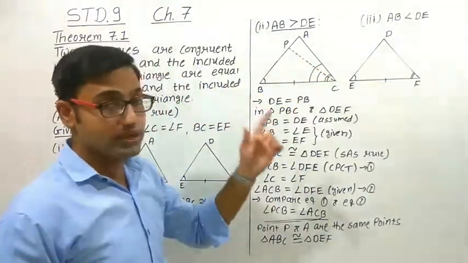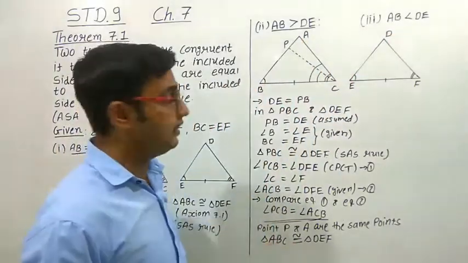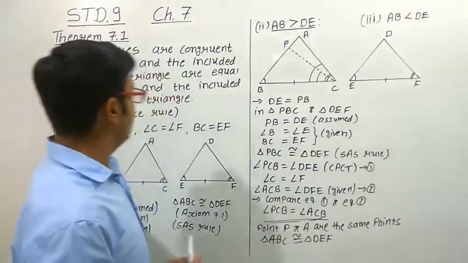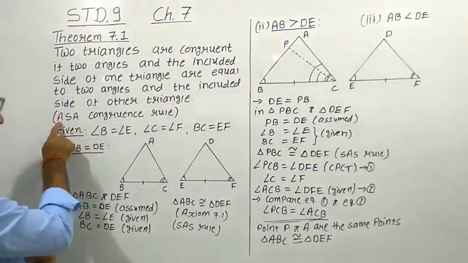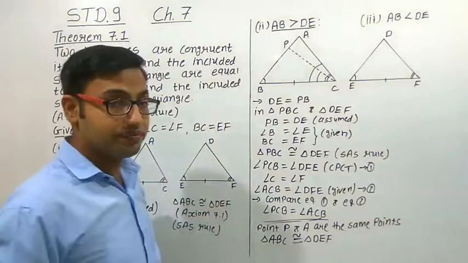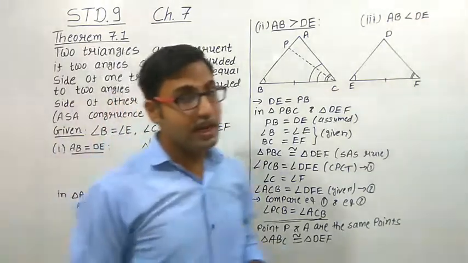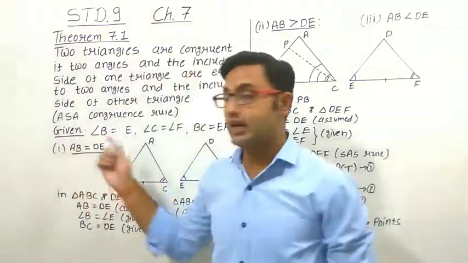So that is for your exercise. You can do this in the same way we have done here, right? So this is now clear: the second rule of congruence is angle side angle, which we have proved here, right? So this is all about theorem number 7.1 and the new rule, angle side angle.